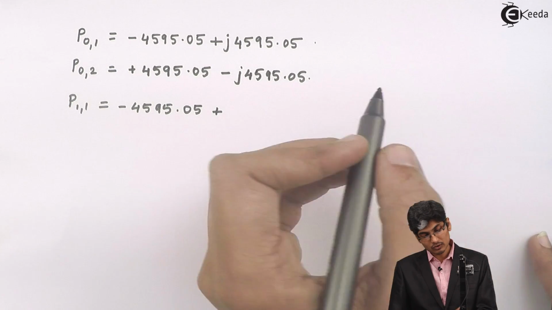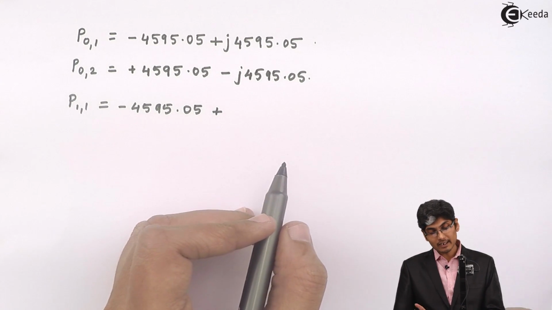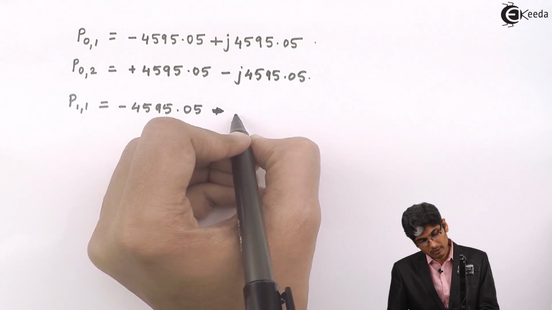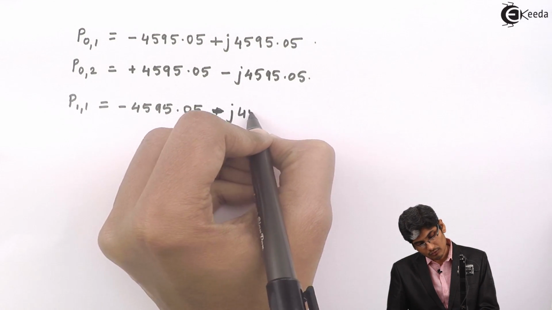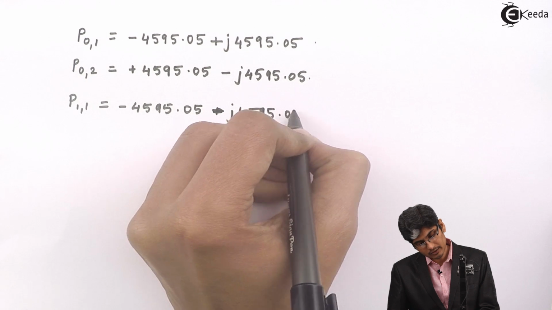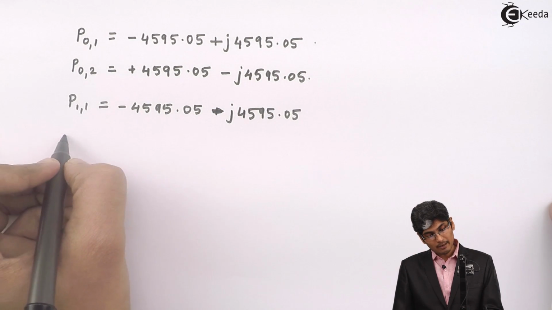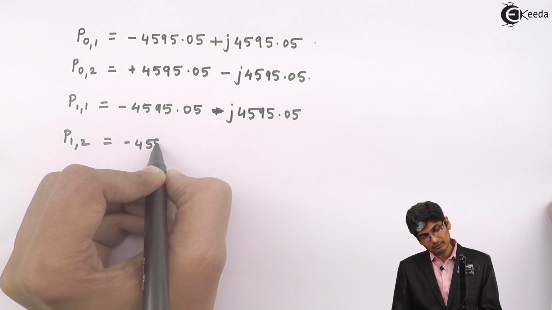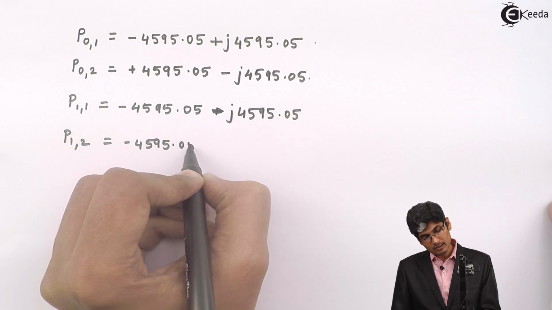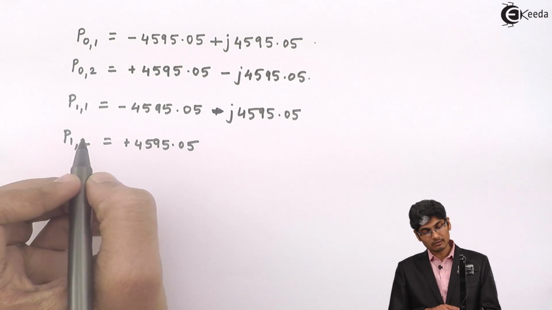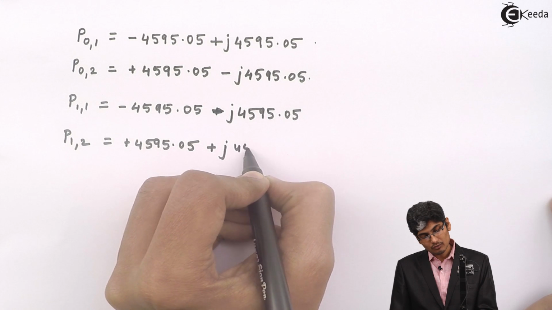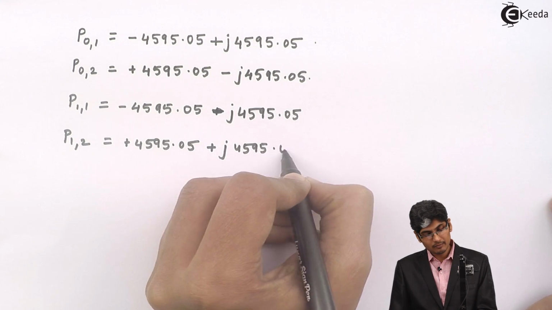So cosine is minus and sine is also minus, so you will get both terms to go negative: minus 4595.05 minus j 4595.05. And P12 will not be minus, because when I bring that minus sign inside, it becomes plus 4595.05 plus j 4595.05.